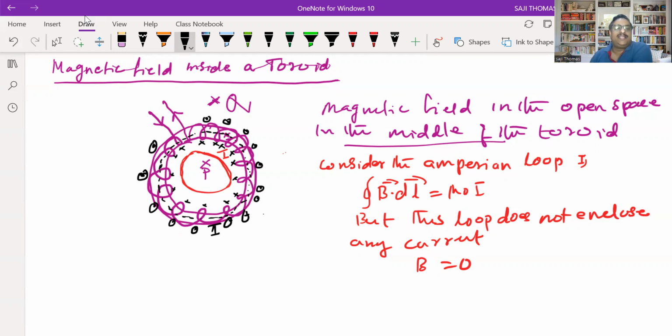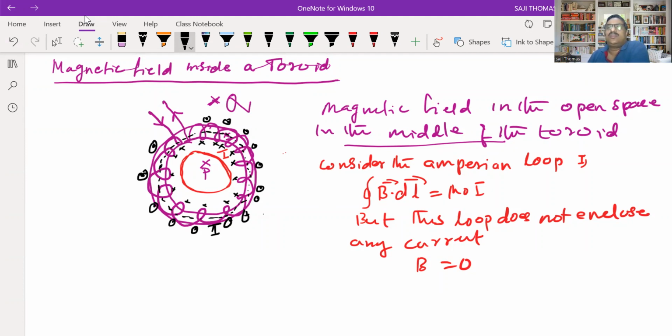Okay, and you can see that this black loop, Amperian loop 2, encloses only current moving into the plane of the paper. And how many currents are moving into the plane of the paper? N into L into I, because the length is L. The number of turns per unit length is small n.